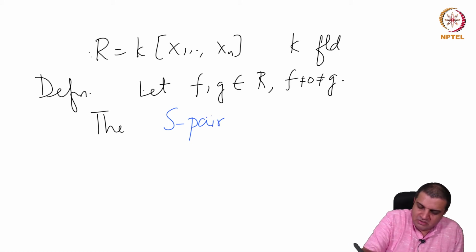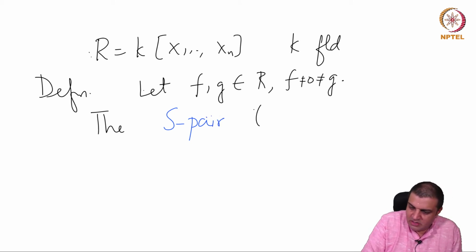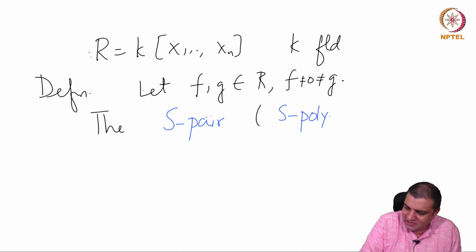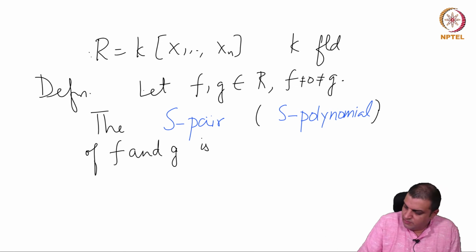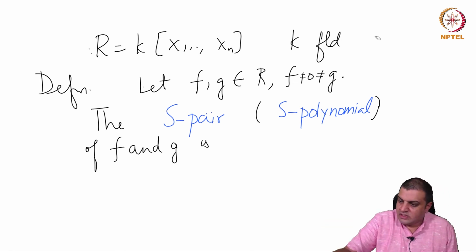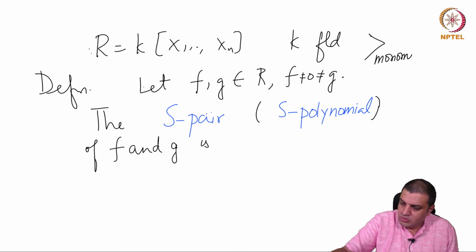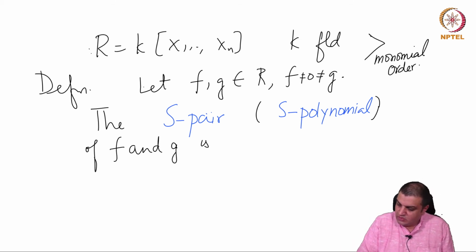The S pair, or sometimes called the S polynomial of f and g, is, there is some monomial order. We are discussing Gröbner basis, so there is some order that is being used.